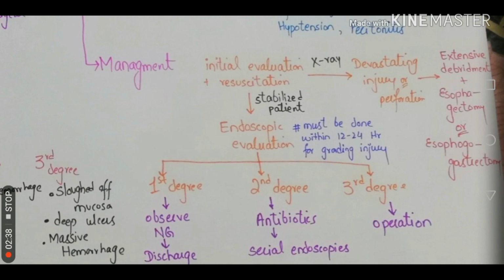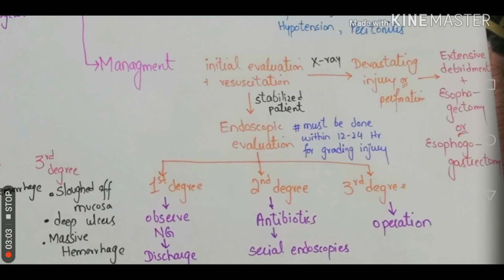Now, talking about the management of a patient who has presented in the emergency with a history of intake of any substance that could either be an acid or alkali. First of all, the very first step is initial evaluation and resuscitation of the patient following ABC guidelines for saving the life of the patient.